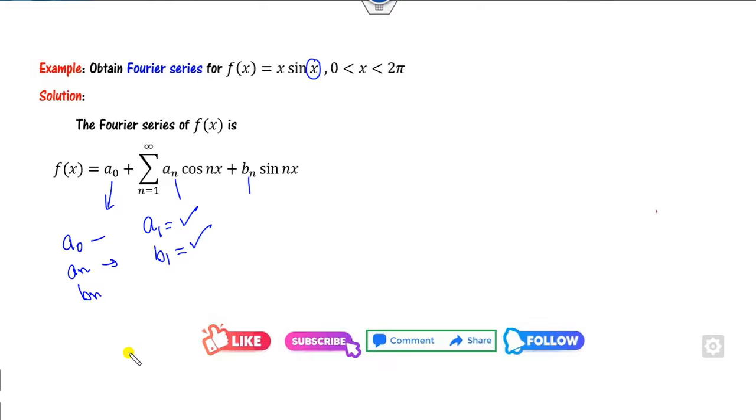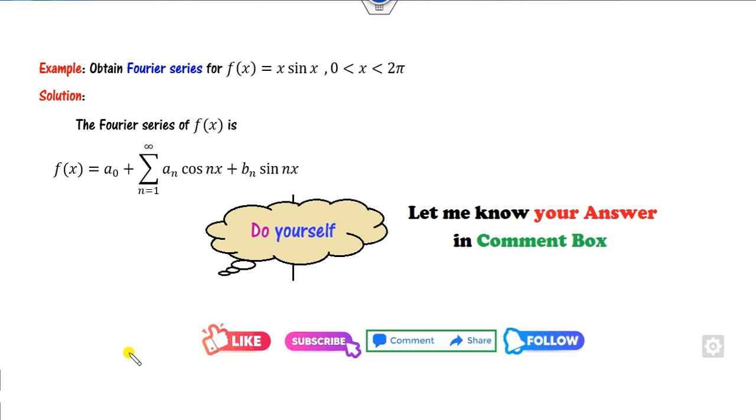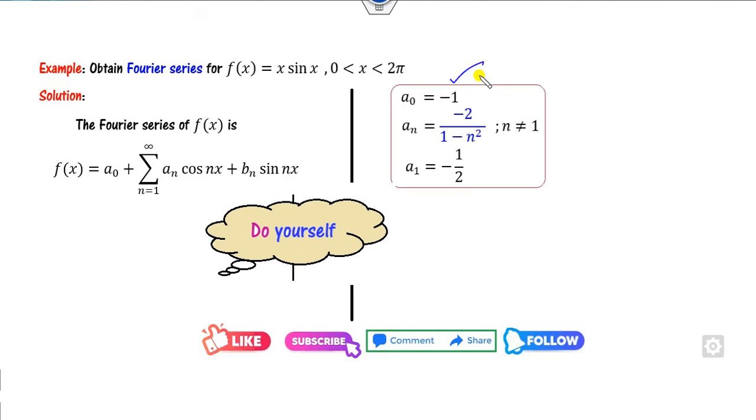So I will give you an exercise. You can solve this and let me know your answer in the comment box, whether you have obtained a0, an and a1, b0, bn and b1 like this. Once you solve this, verify your answers.